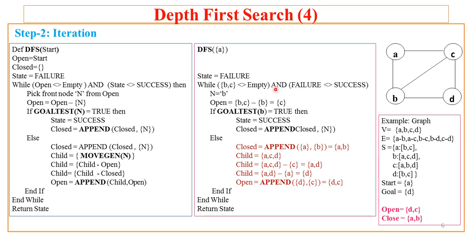So both while conditions are true, that is, the open list is not empty and the state is not a success state. So it now takes the front node of open. So what is there in open? It is BC. Now what is the front of this open list? It is B. So it picks B, and now it removes it.